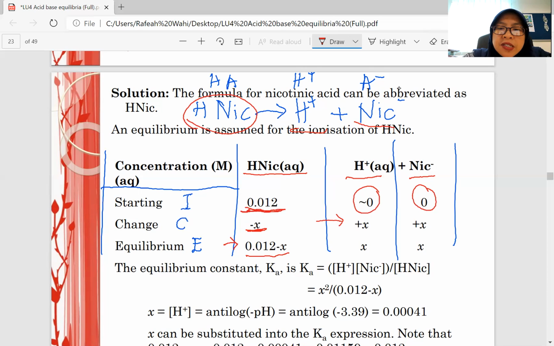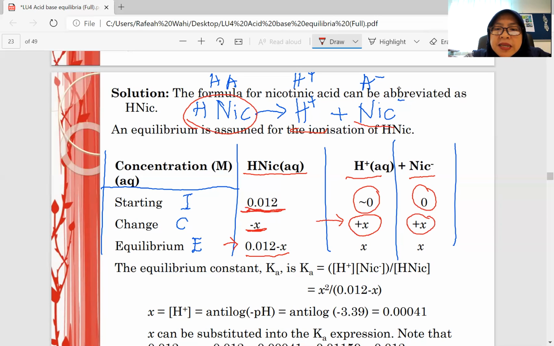For the concentration of H plus after dissociation, we put positive X because we have a new concentration for H plus, which increased after the dissociation process. We know also that for the conjugate base there is an increase in concentration, and the concentration of the conjugate base and H plus is always the same.